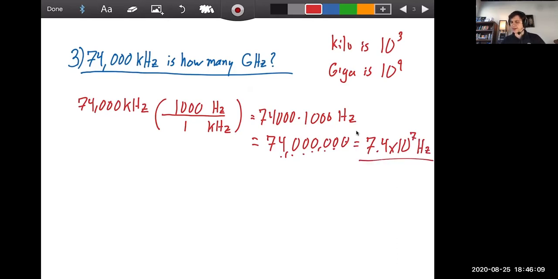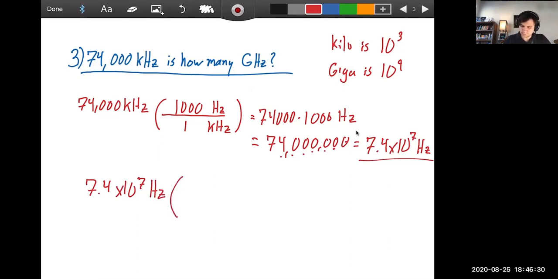Okay, so now I have the number of hertz: 7.4 times 10 to the 7th hertz. All right, now let's work with that. 7.4 times 10 to the 7 hertz. And remember, I'm going for gigahertz.